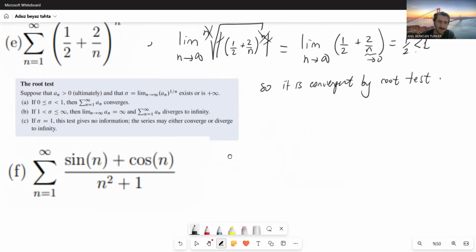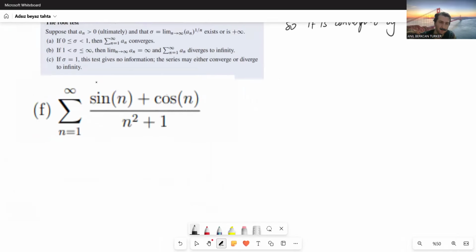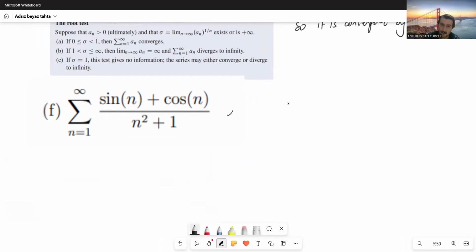You can ask that before, everything was positive, but here this sign can also be negative. Yes, you are correct. So that's why we are going to look at the absolute value case. These are sometimes negative, sometimes positive, but they are bounded from below and above.